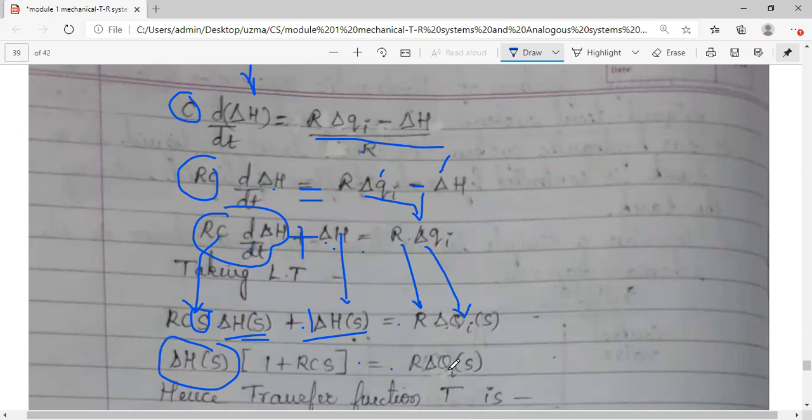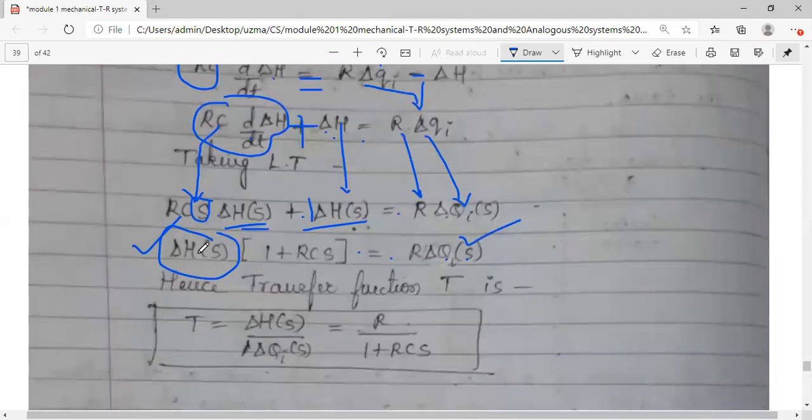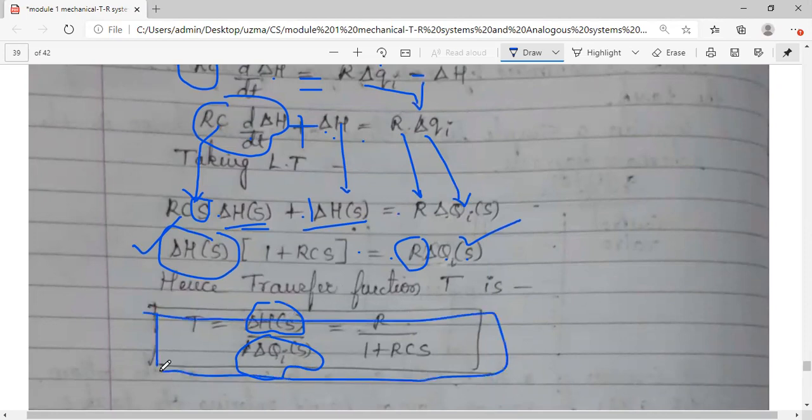Now I have these two terms with me. I just need to take the ratio. So how to find the transfer function? I want the ratio of output, change in the height, divided by change in the inflow rate, which is equal to R divided by 1 plus RCS. So this is your transfer function for the hydraulic system, the liquid level system.